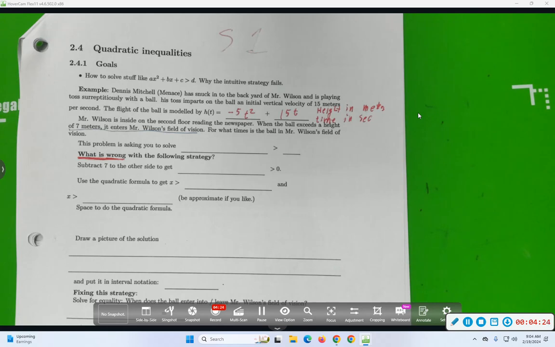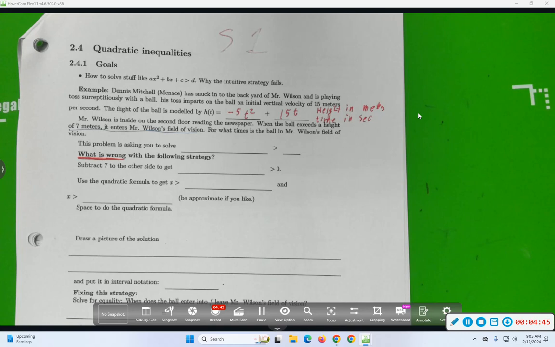Under what circumstances is the ball in Mr. Wilson's field of vision? Yeah. Anything above 7. So, to address this problem, I just need to say when is the ball at a height that is greater than 7 meters. That sounds like an inequality, right? I want to know when is height greater than 7 meters.